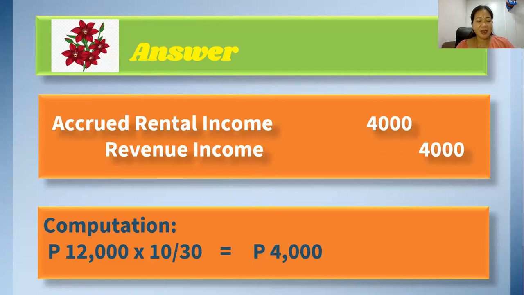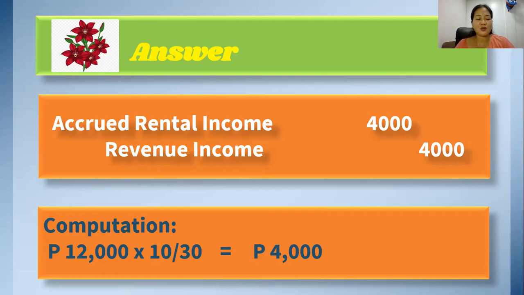Remember the payment will be, if we are talking about December 21, your rent for December 21 towards the end of December will be collected on the 20th of January, the next accounting period. And that 21st to the end of December will already be income on the part of the apartment. So we will be recognizing that one as accrued rental income.